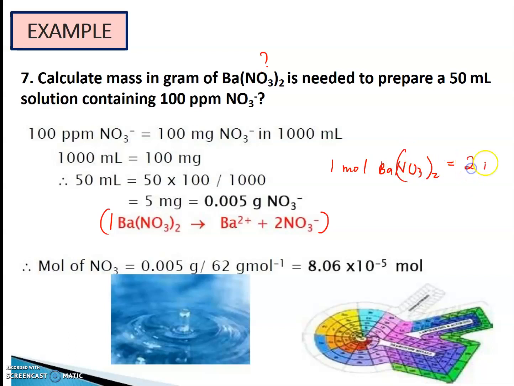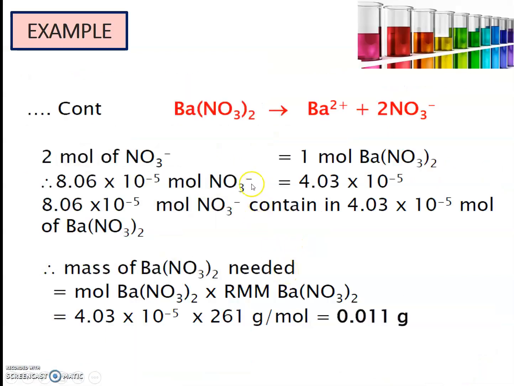There are 2 moles of NO3. So do the comparison. Find the number of mole of ion, from the equation find the number of mole of molecules, and then mass of molecules.